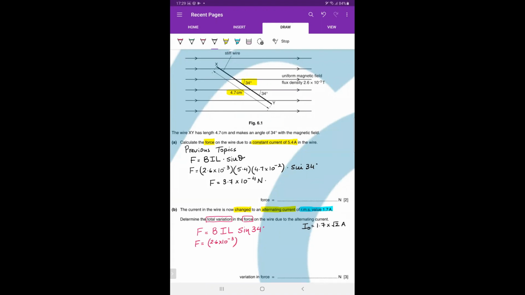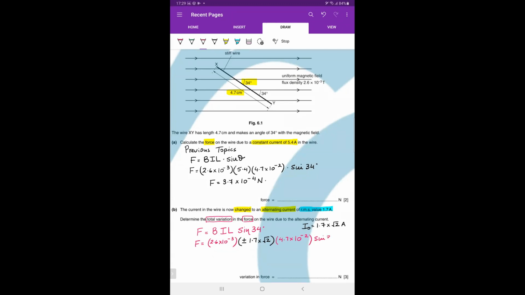Now, as far as current is concerned, this is where the trick is. मैं current के साथ plus minus लिख रहा हूँ. आप appreciate करेंगे क्यों लिख रहा हूँ in a moment. And I've converted the RMS value into peak value to get the maximum force by multiplying it by under root 2. That value which is written with the black marker, that needs to be understood. Let me just continue with the working. And then I'll explain you कि significance क्या है.